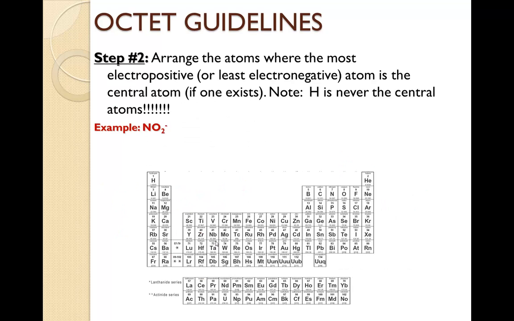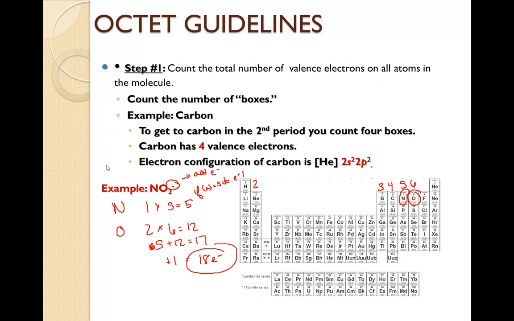Now let's arrange the atoms where the most electropositive, the least electronegative atom is in the center. So we have NO2, we have nitrogen and oxygen. Oxygen's closer to fluorine, so it's more electronegative, so that means nitrogen's going to be in the middle. We're going to put oxygen on either side. Remember, we had 18 electrons.